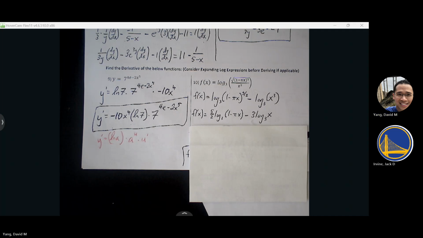This is as far as I can go, expansion wise, then I can apply my rule after this.